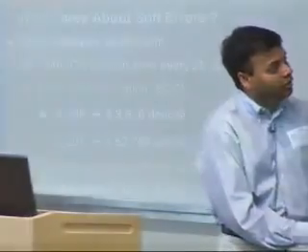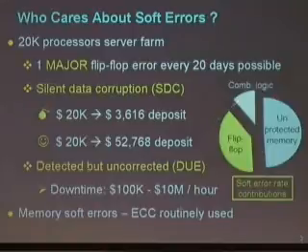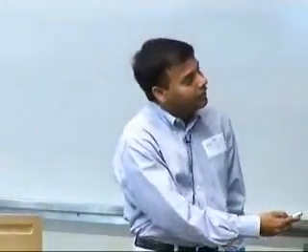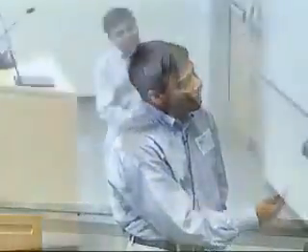So, for example, here is an actual chip that I worked on in the past. And if you look at the various components of this chip, you worry about memories, you worry about flip-flops, you worry about combinational logic, and you worry about the contributions of these various components to the overall soft error rate of this chip. And this is what you find. For example, this particular chip was a storage chip, and it had a lot of on-chip memories.